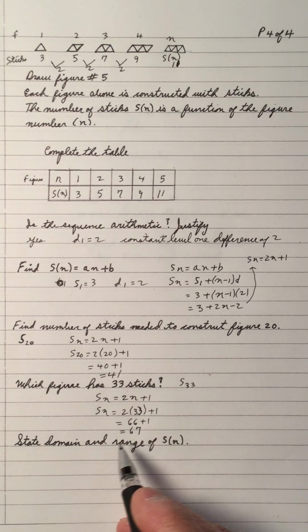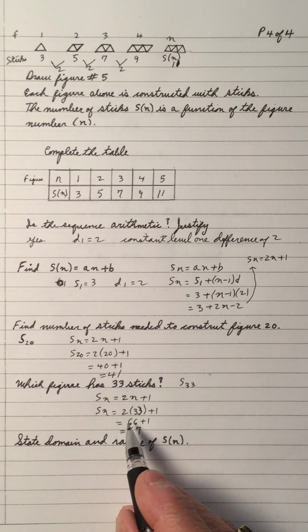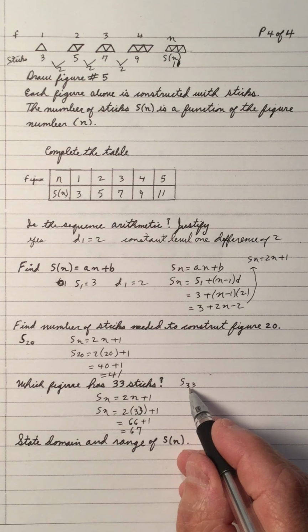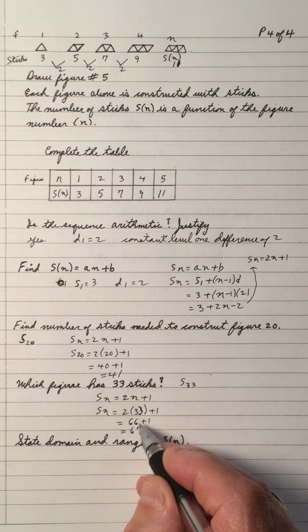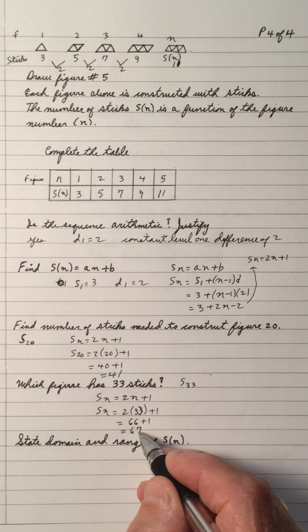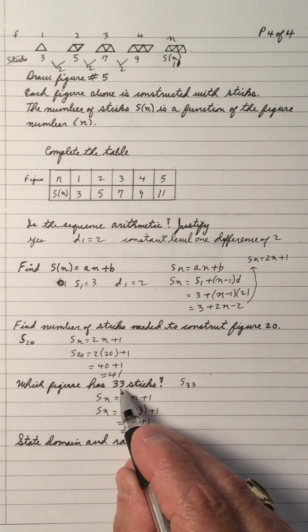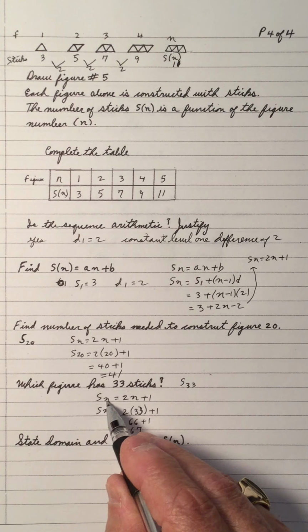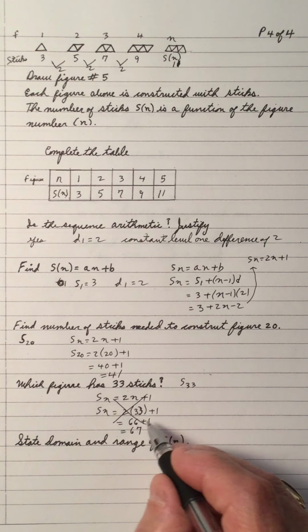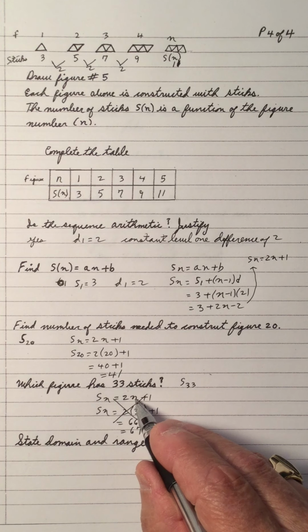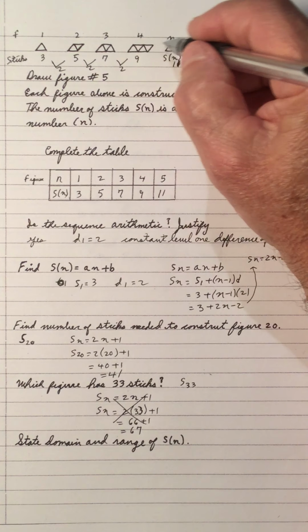Which figure has 33 sticks? Oh, I didn't say it had 33 sticks. 33 sticks would be this number. So this is not right. That's the number of figures.